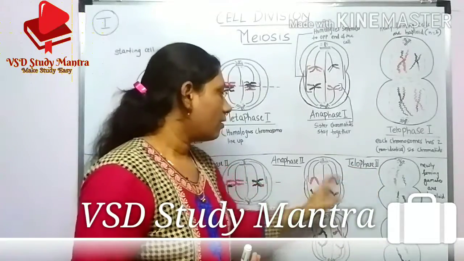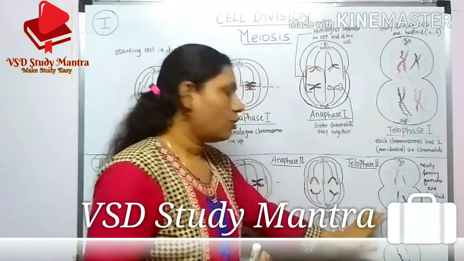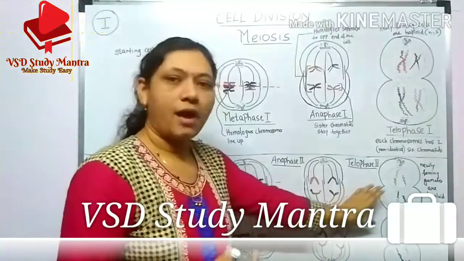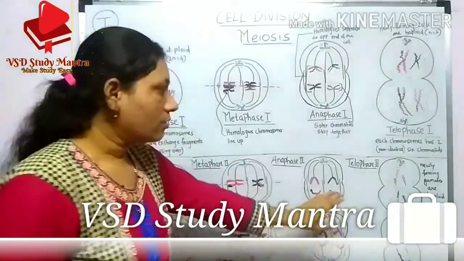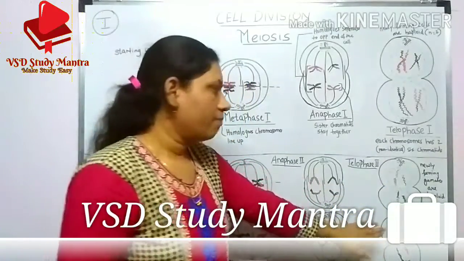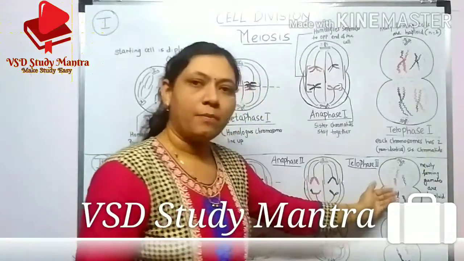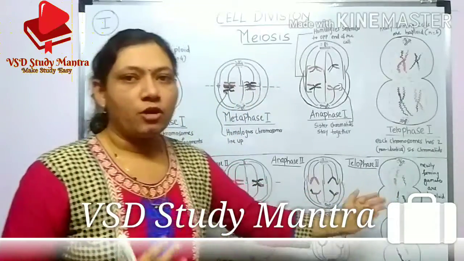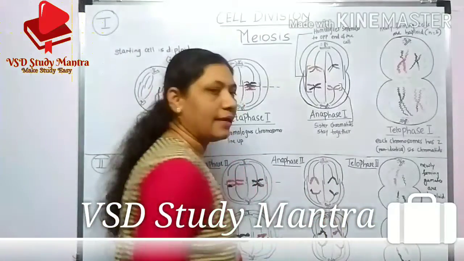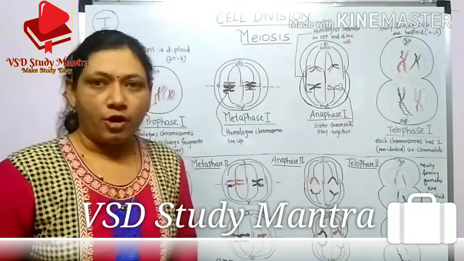Like this, 4 non-identical cells are formed. The chromosomes here are non-identical, so they are called haploid: 4 haploid daughter cells. Students, they are newly formed gametes which are haploid.